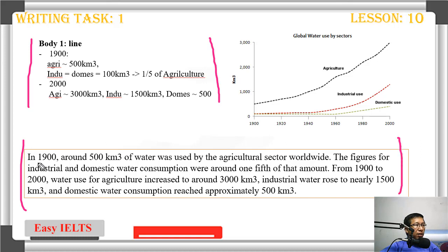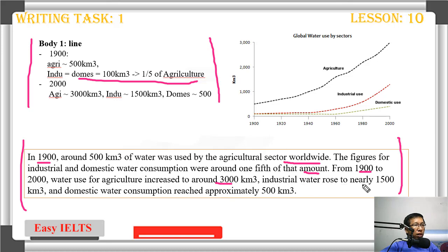Okay. In 1900, around 500 of water was used by the agriculture sector worldwide. The figure for industrial and domestic water consumption was around 1/5 of that amount. From this year to this year, water use for agriculture increased to around 3,000.